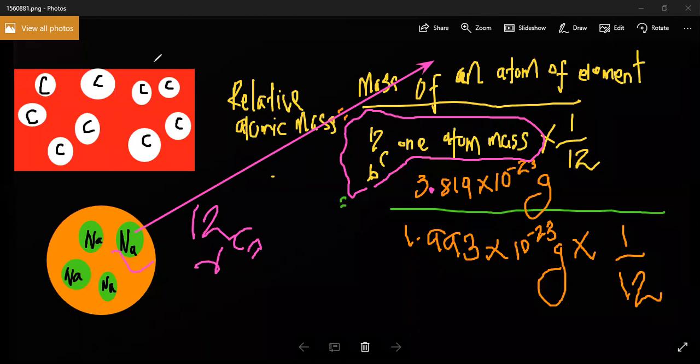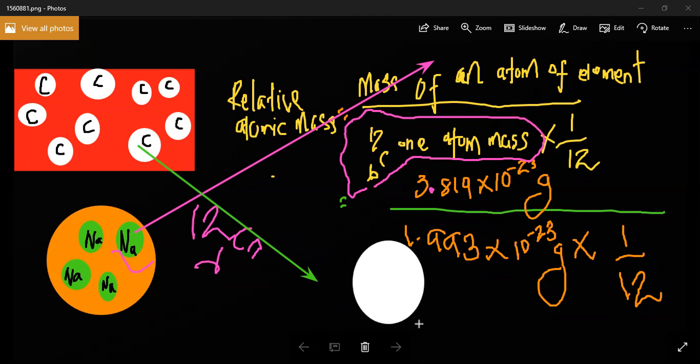Remember, I'm bringing here carbon. Look at the carbon. I'm drawing this carbon here, and I'm going to divide this carbon into 12 parts.